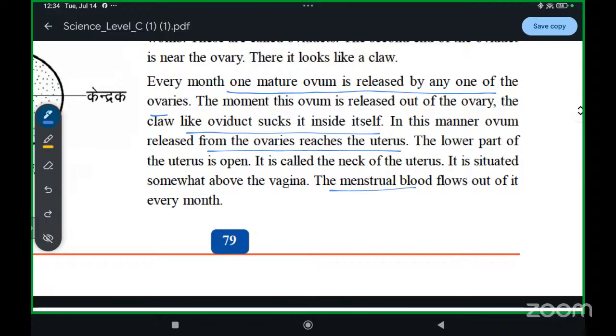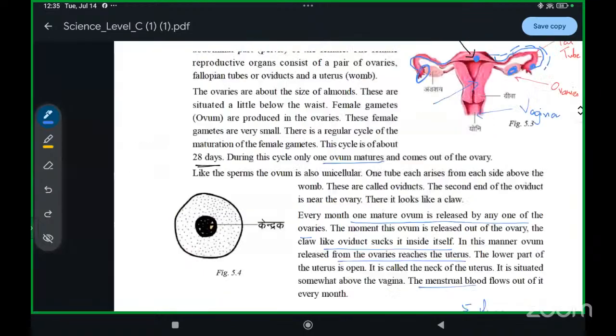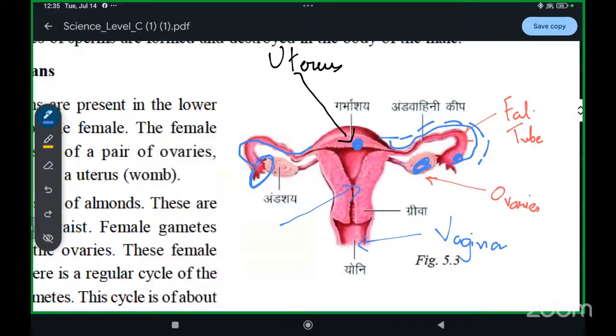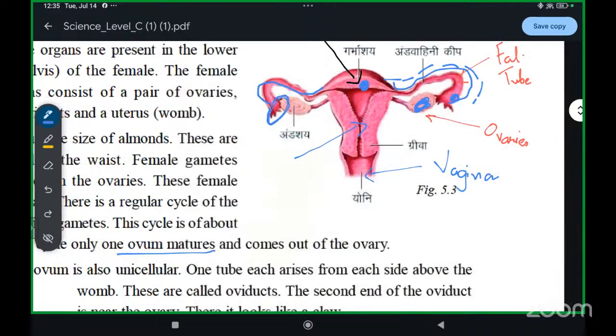A sperm can survive inside a woman's body up to 5 days. And when the fusion between male and female reproductive organs takes place, this is where the sperms enter.